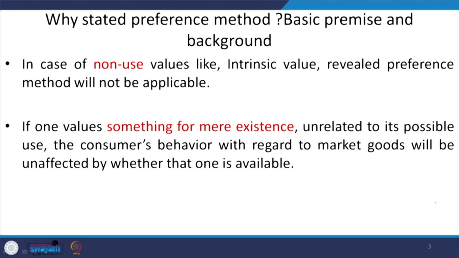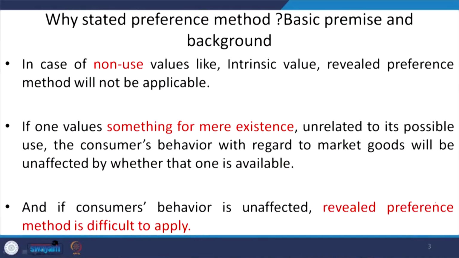However, in case of the non-use values, as you understand the very meaning of non-use values, it means something valued for its mere existence, not related to the possible uses by consumers. So, when it is unrelated to the possible uses by consumers, then obviously the consumer's behavior with respect to the market good will be unaffected.